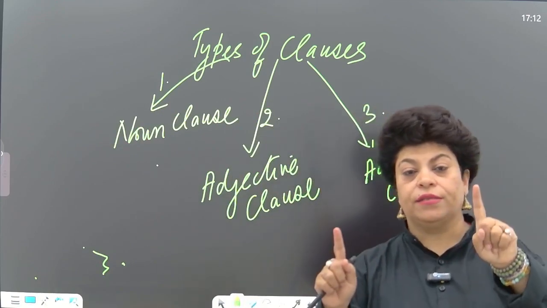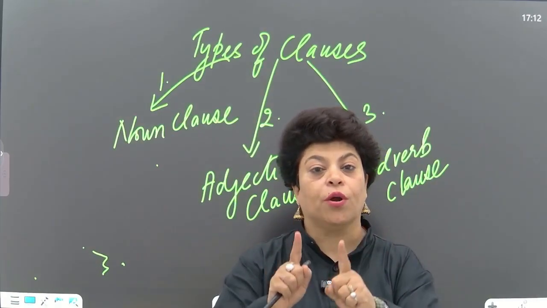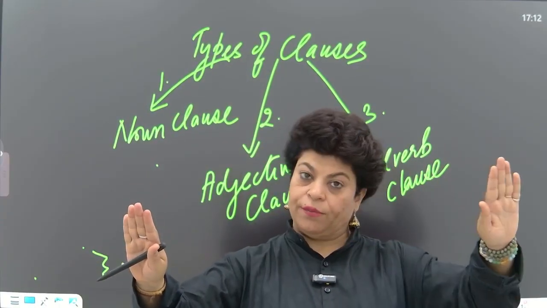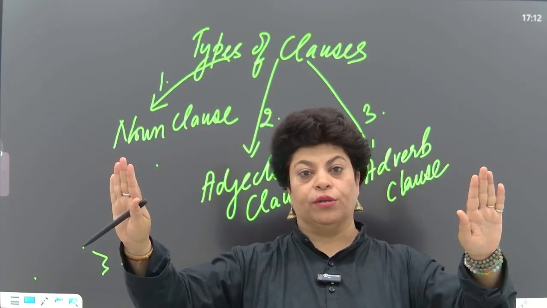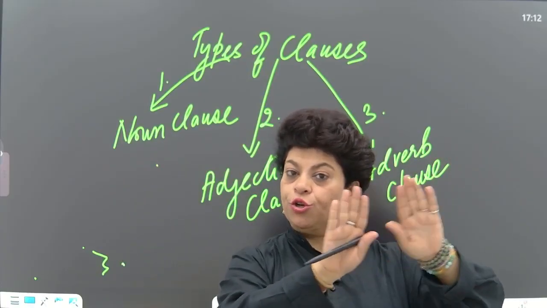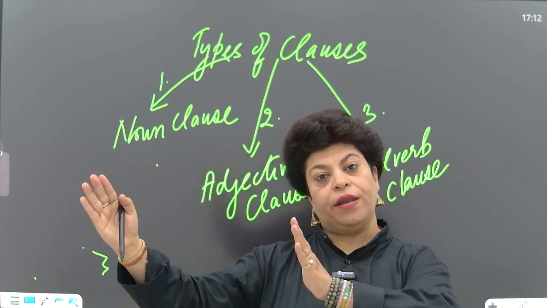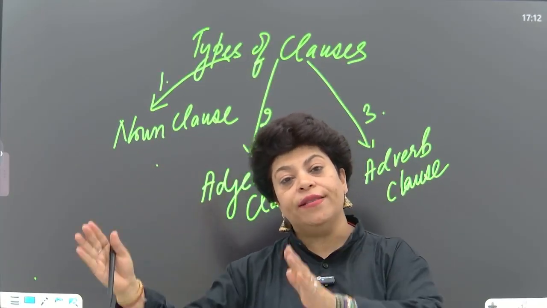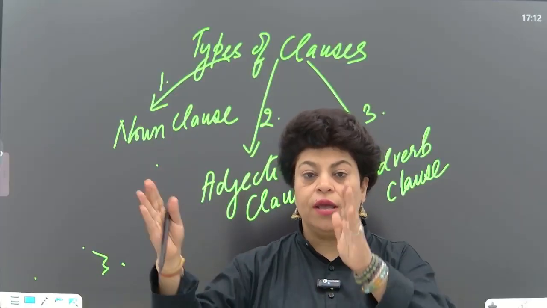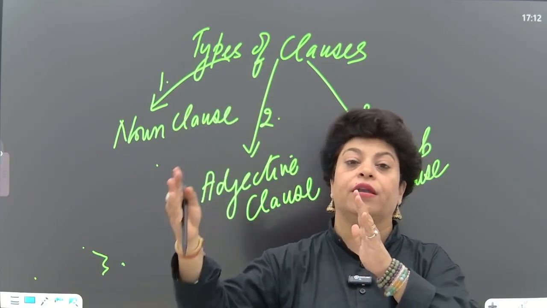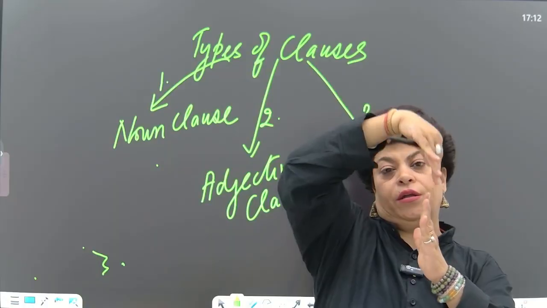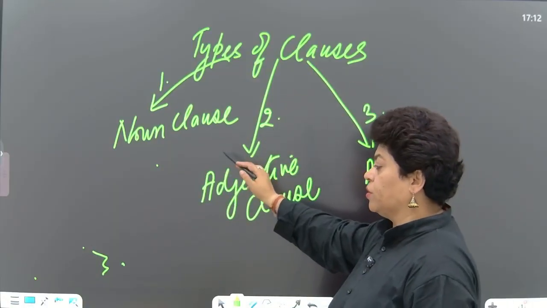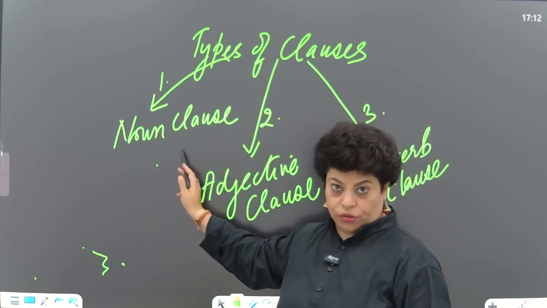A sentence combined using a subordinating conjunction has two clauses. One is independent clause and one is dependent clause. Independent clause has no subordinating conjunction. Dependent clause has one subordinating conjunction. Hence, the sentence which has a subordinating conjunction is a dependent clause and it depends upon the first independent clause, right? Now coming to the first clause, noun clause.